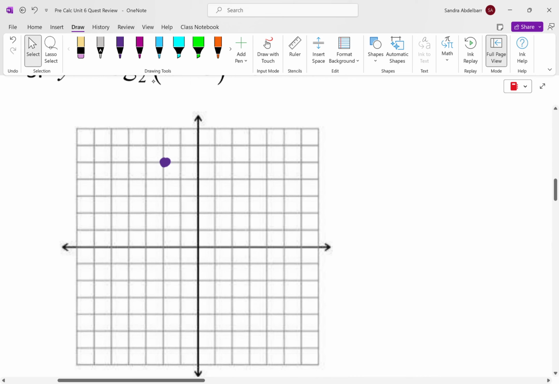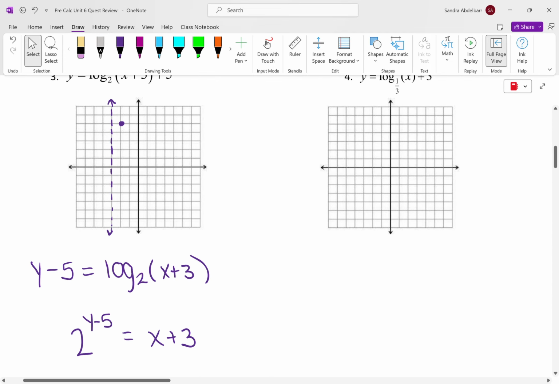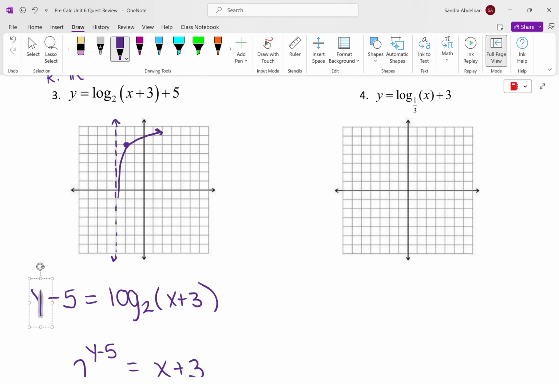Now you always have a vertical asymptote 1 unit to the left of your key point. And because this base is not a fraction, that means we are increasing from left to right. So it looks something like that.